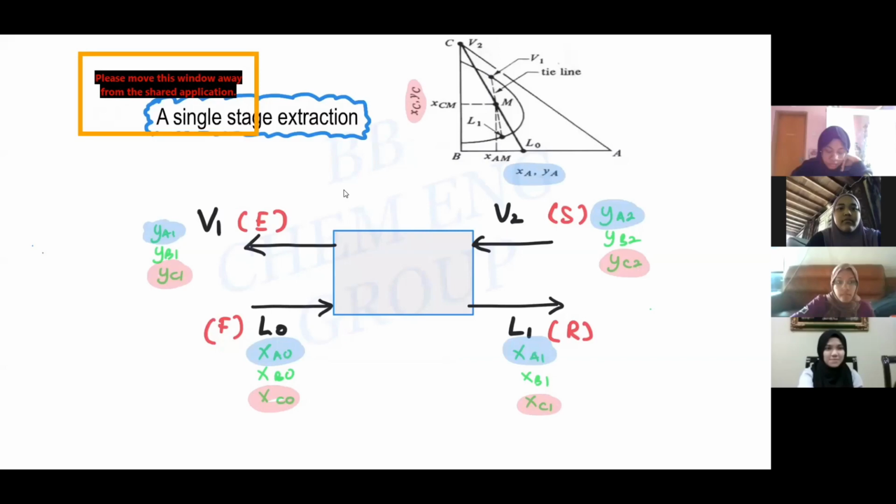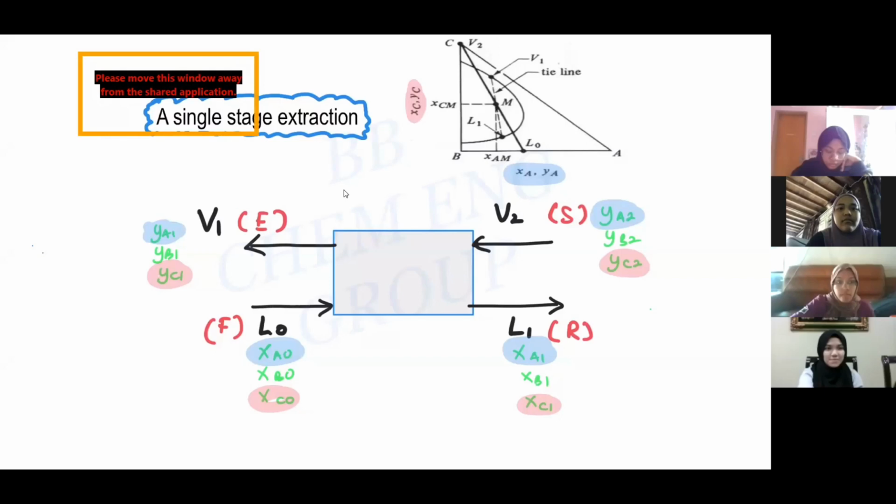When you talk about this particular graph, which is a two-phase ternary diagram, if you know your A, you should know your C, and automatically you know your B, because the total of the fractions should give you a value of 1.